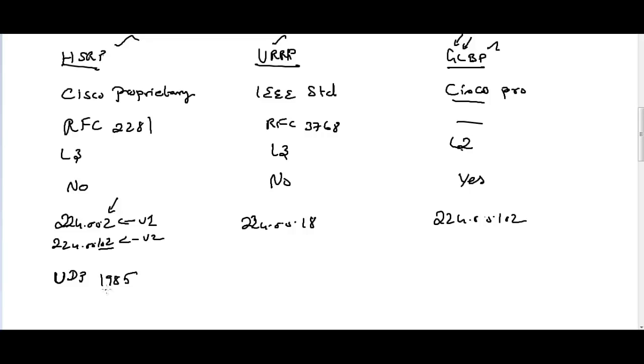For VRRP it is IP protocol 112. For GLBP it is UDP 3222. So these are the transport port numbers: UDP 1985 for HSRP, 112 for VRRP, and UDP 3222 for GLBP.